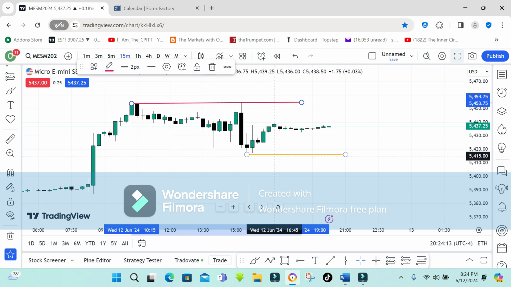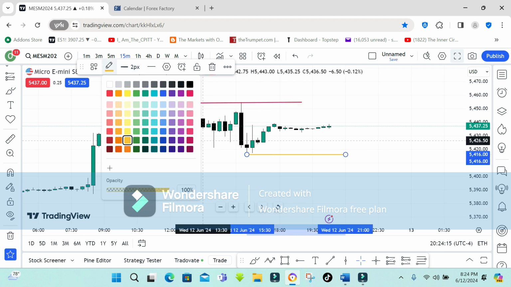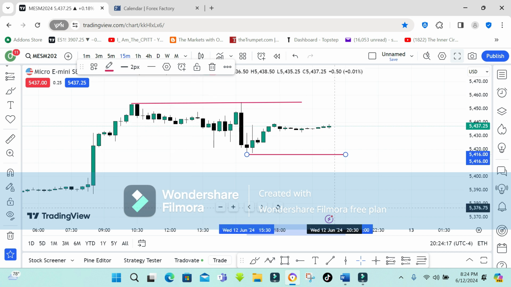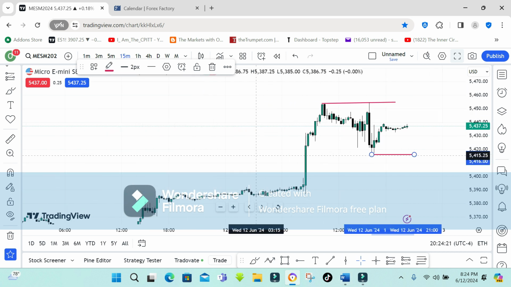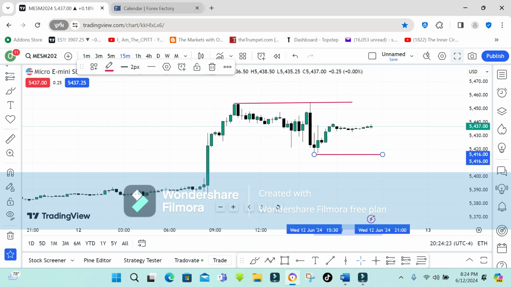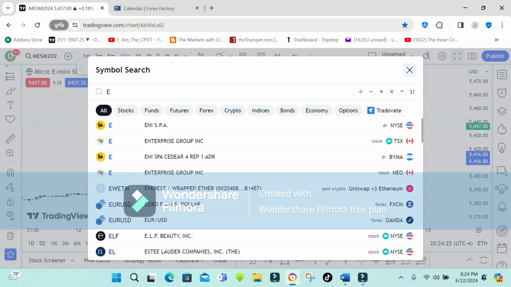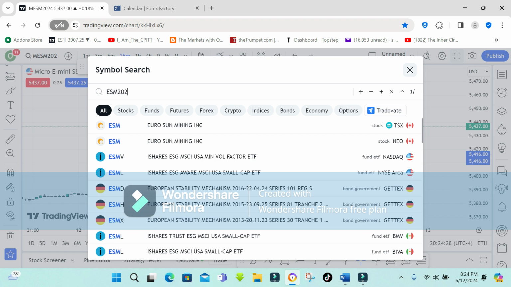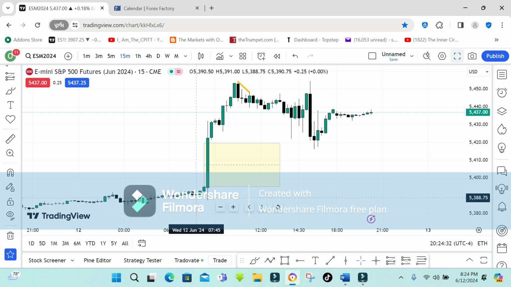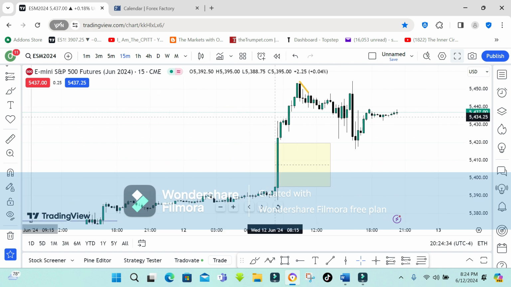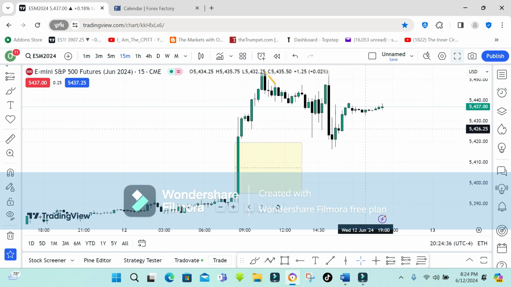Yes, I think I can close for now. I will do some annotation, but not only annotation. I want to study this ESM thoroughly. I want to study this run thoroughly, so I will do backtesting.